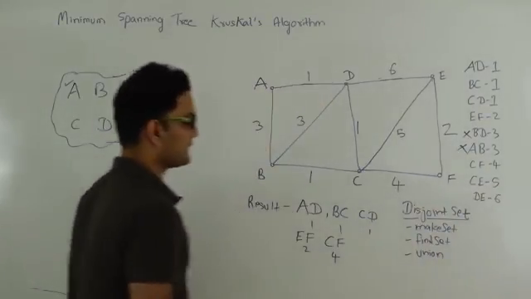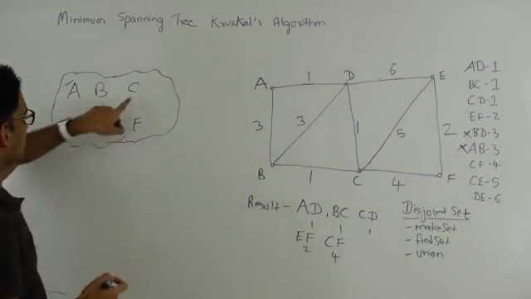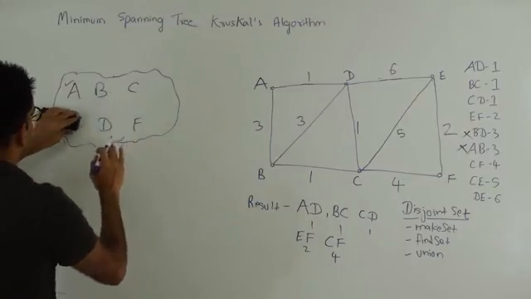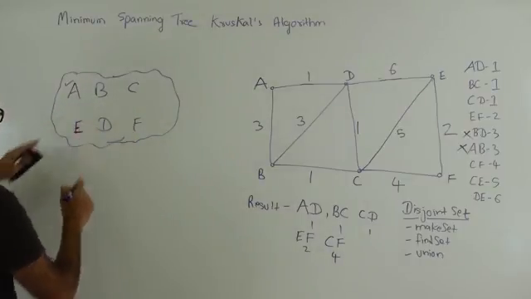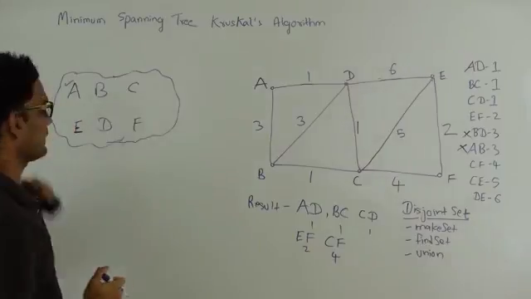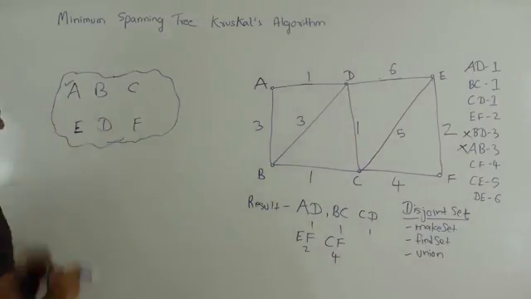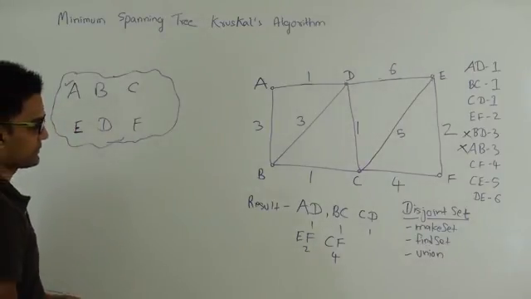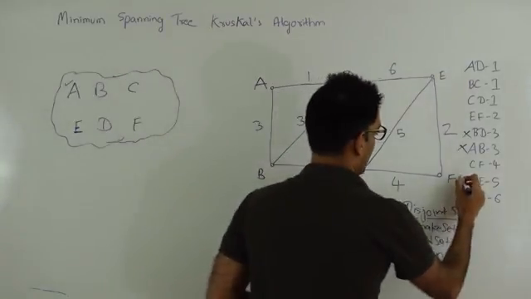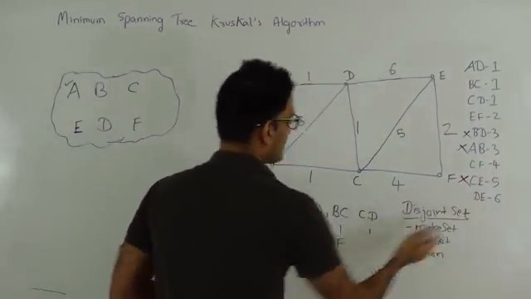And then we pick CE, and C is represented by A, and E is represented by A, which tells us that C and E are in the same set, so we'll again ignore this edge.